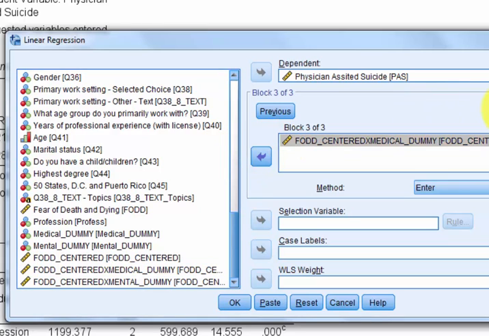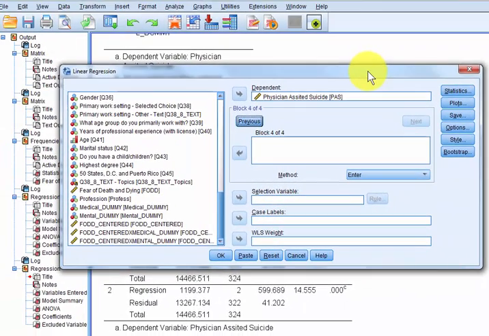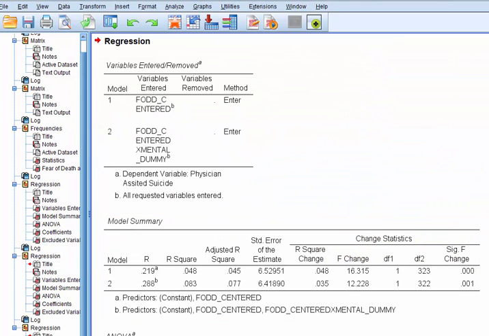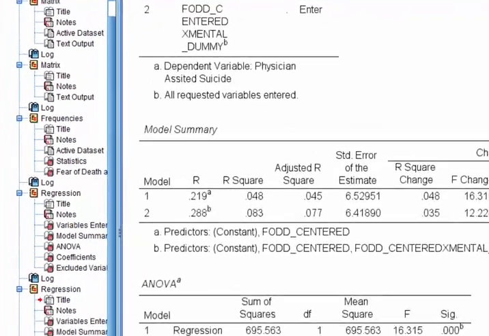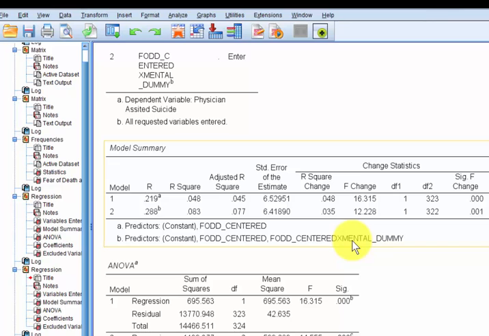Now it's not going to show the medical dummy, but I'm betting money that it's going to show up with the exact same significance as the other one. Let's run this. And it did. They came out exactly the same. So it doesn't matter if I put in the centered mental or the centered medical. The results were identical, right?